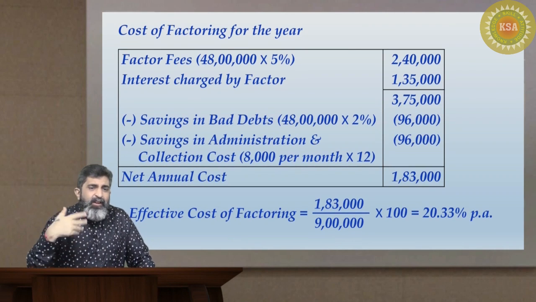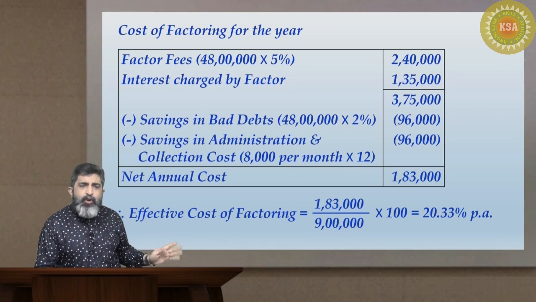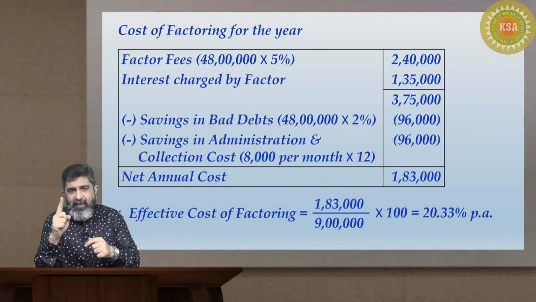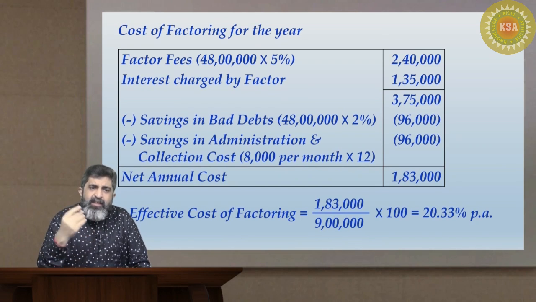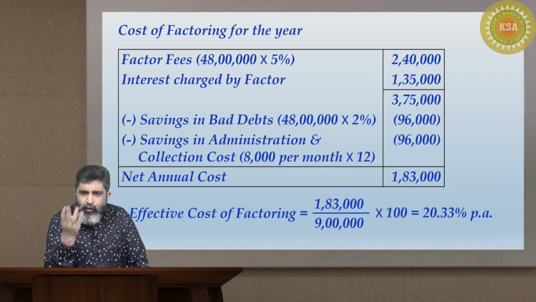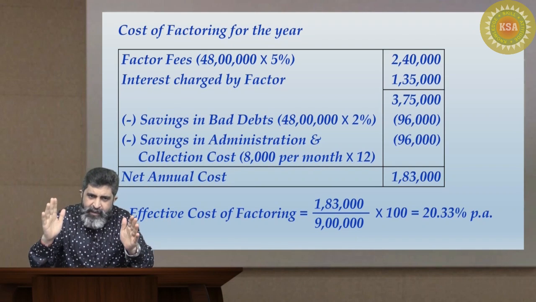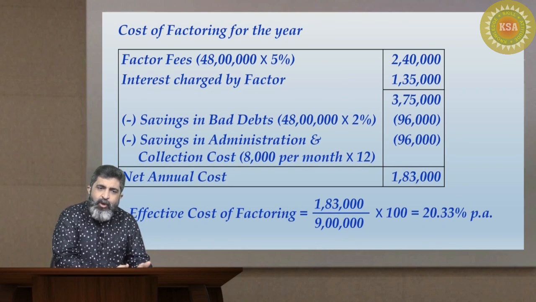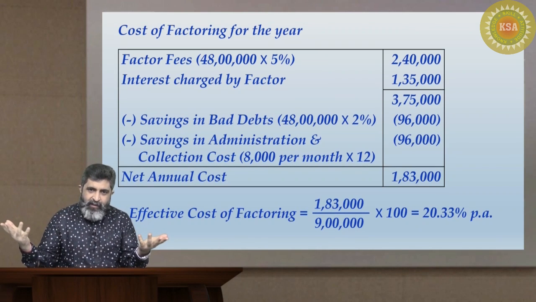So one another way of solving this question could be, all these calculations we don't make for the entire year. All these calculations we make for one cycle, and whatever be the cost of factoring for one cycle, then we multiply by 4 cycles during the year to get the effective cost per annum. Even that could be an approach. Don't ever get confused. Either make calculation on per annum basis or per cycle basis, whatever you like.